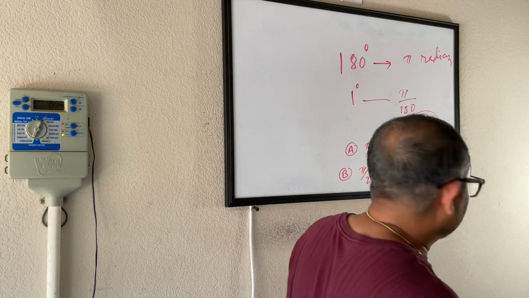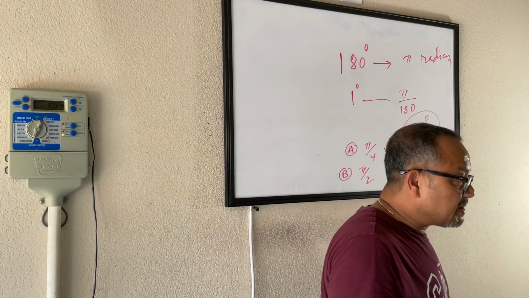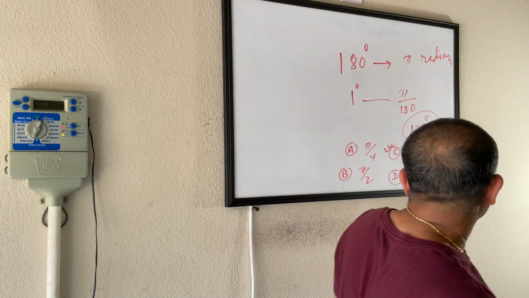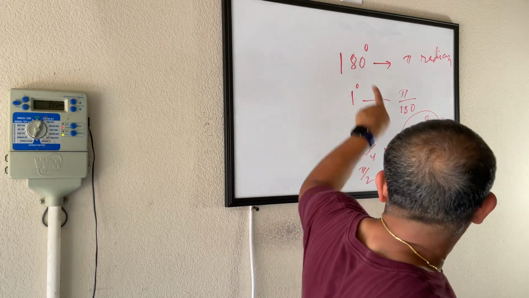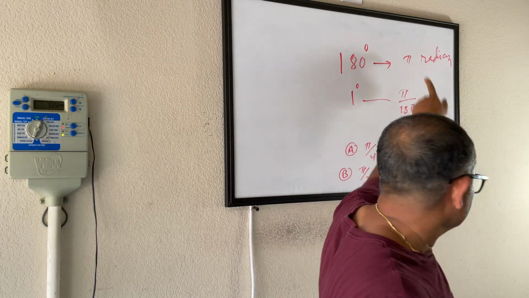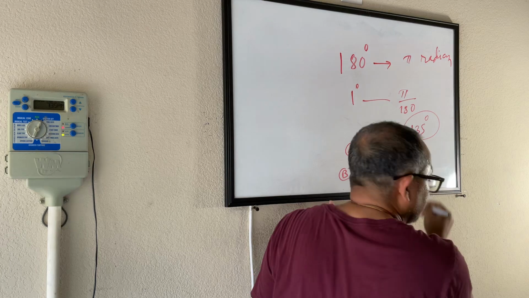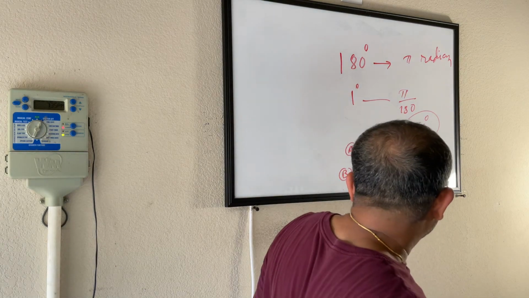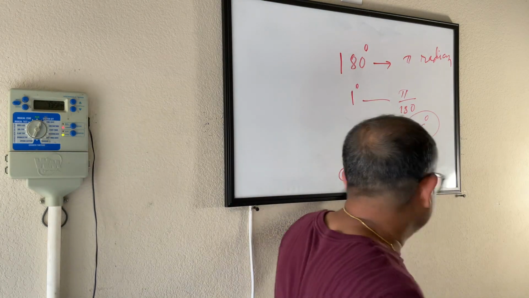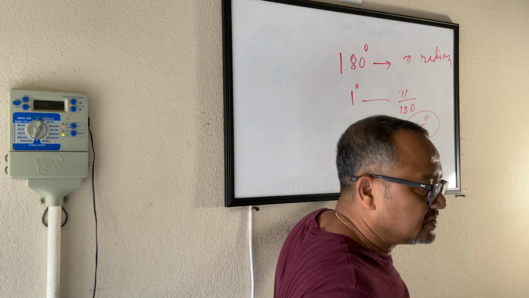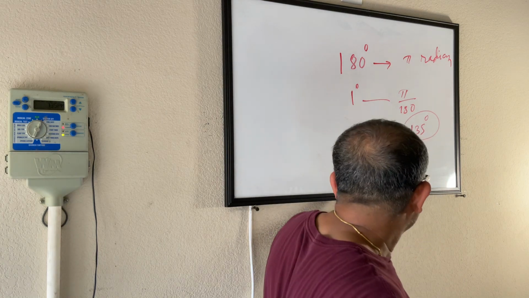See, I will tell you guys a dirty technique. Some of the problems you don't need to solve. This was probably one of those. Just now we talked about 180 degrees being pi radian. We are not talking about 180 degrees. Done. Pi by 2 is 180 by 2, 90 degrees. We are not talking about this either. Two options ruled out.